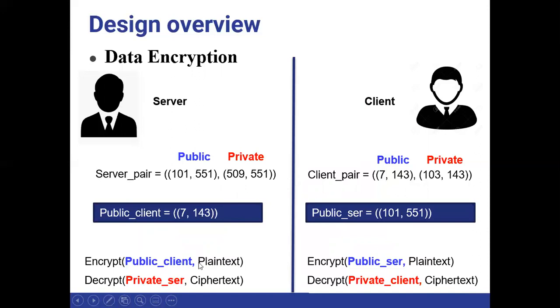And this is the plain text. This is the encryption function that converts the plain text into ciphertext. Also, whenever the client has received the data, it can use its private key in order to decrypt the ciphertext which it received.